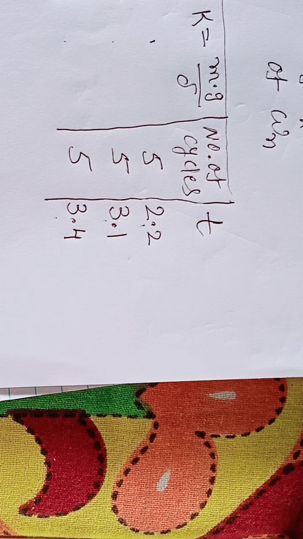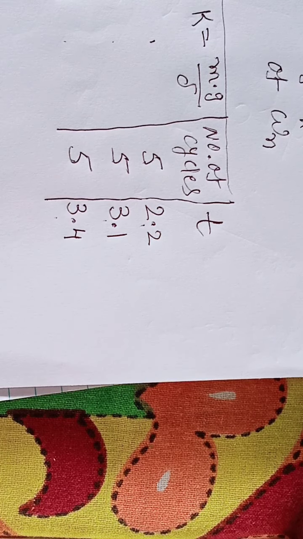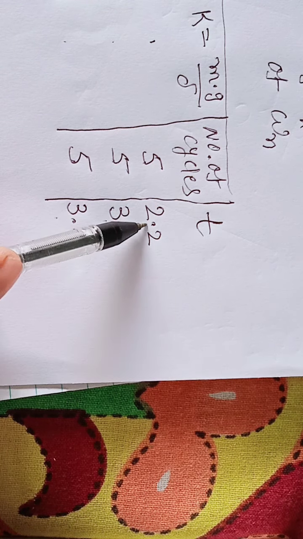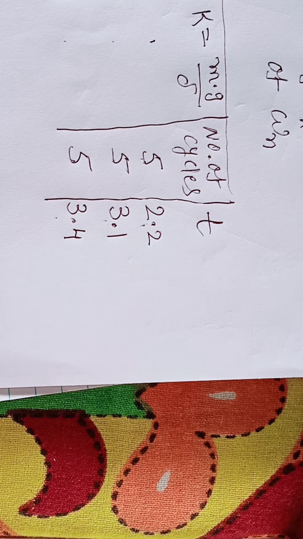So you can easily understand, as mass increases, obviously the time period for completing 5 cycles increases. We are not going to bring the system to equilibrium condition. We simply measure the time period for 5 cycles only. After that we put another mass.